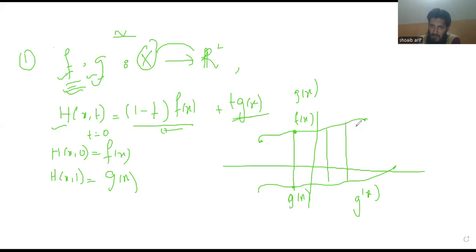So we can continuously deform f into g. We can say this type of homotopy is a straight line homotopy.